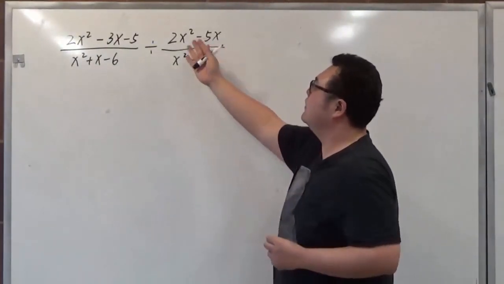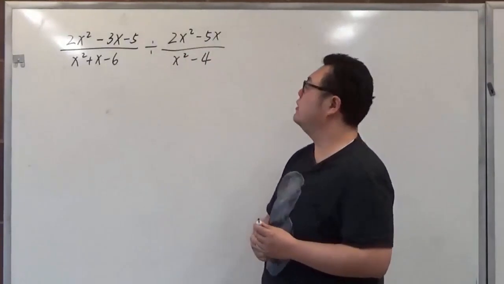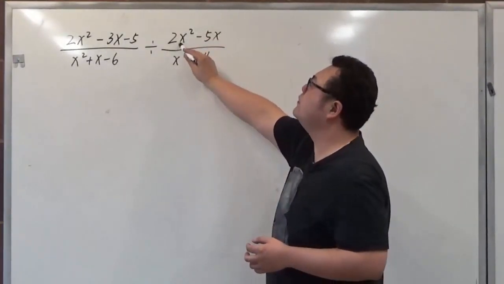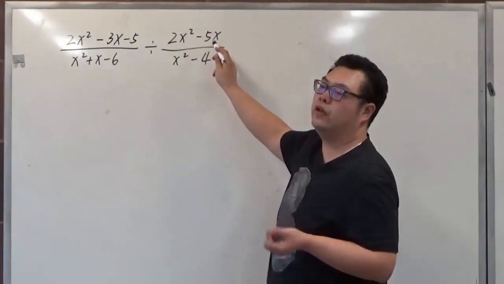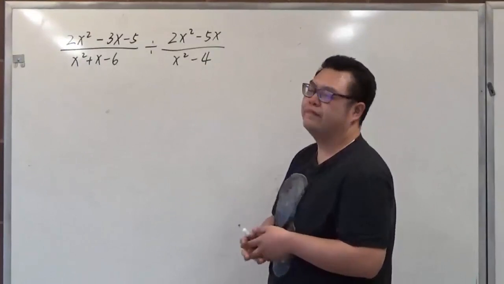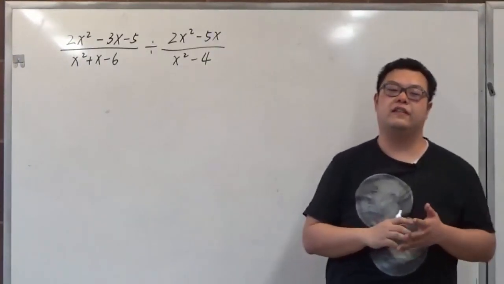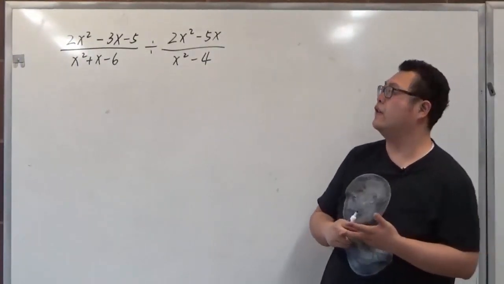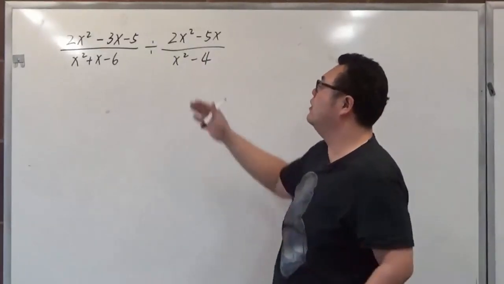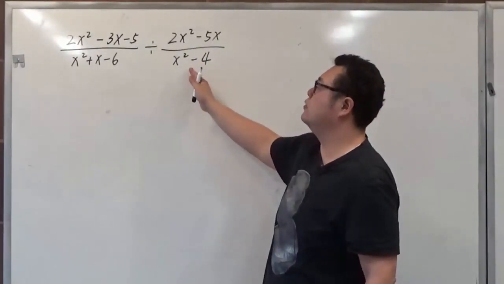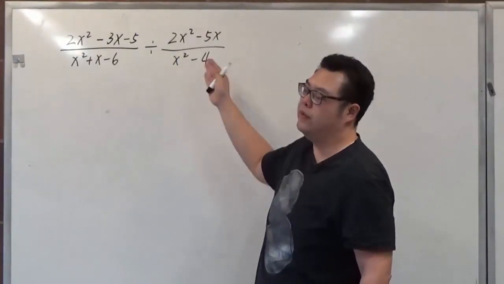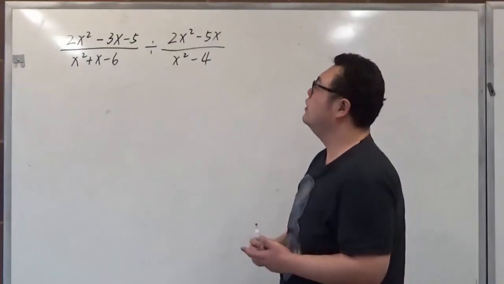Then on the second rational expression, the numerator, we have the x squared term and the x term, therefore it can be factored by the greatest common factor. At least we have an x there, maybe something else. And on the bottom, 4 is a perfect square, so it may be just the difference of squares.